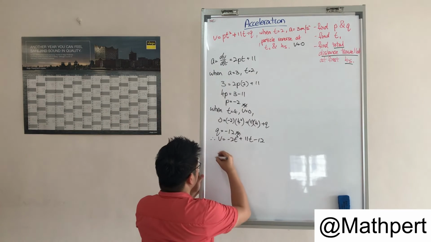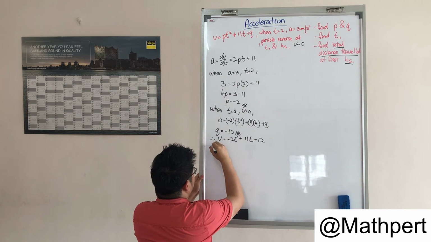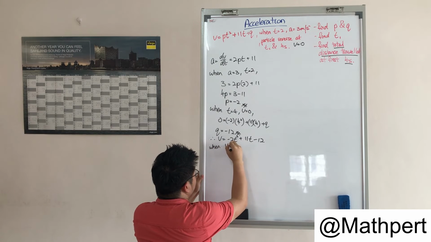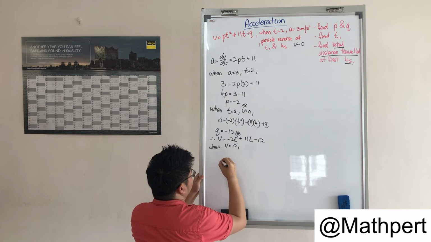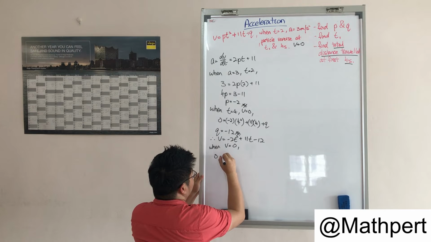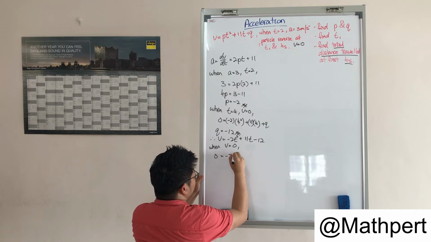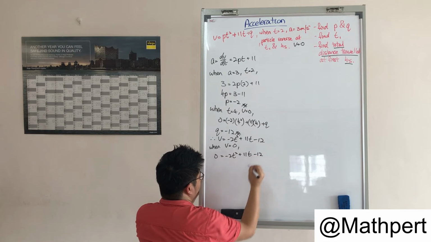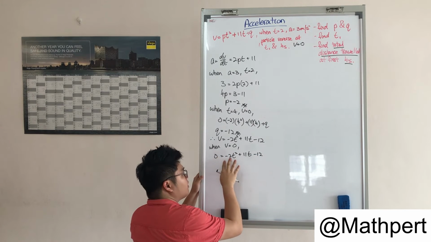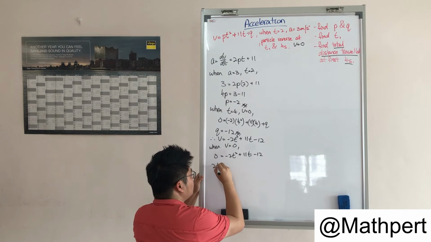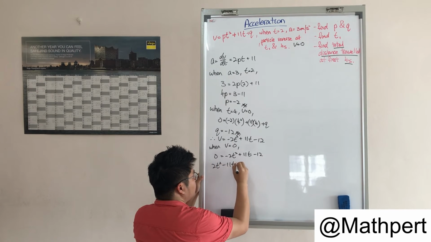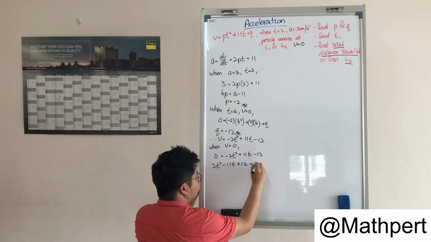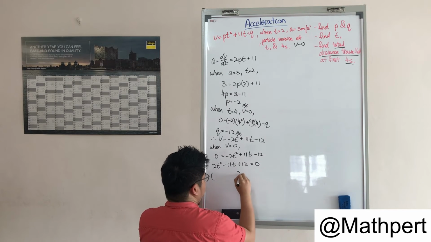Meaning when v equals 0, what we got here? 0 equals minus 2t squared plus 11t minus 12. So to make it simpler, we change this t squared into positive. We get 2t squared minus 11t plus 12 equals 0. Factorize it.